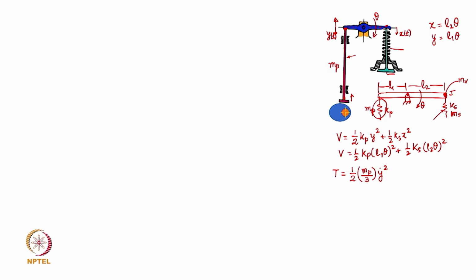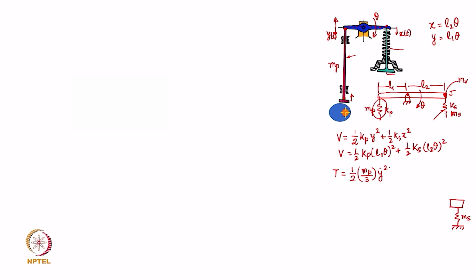That is the effective contribution of the push rod to the kinetic energy. We have seen that if the mass of the spring is to be accounted for, its contribution to the kinetic energy will be 1/3 of its mass.